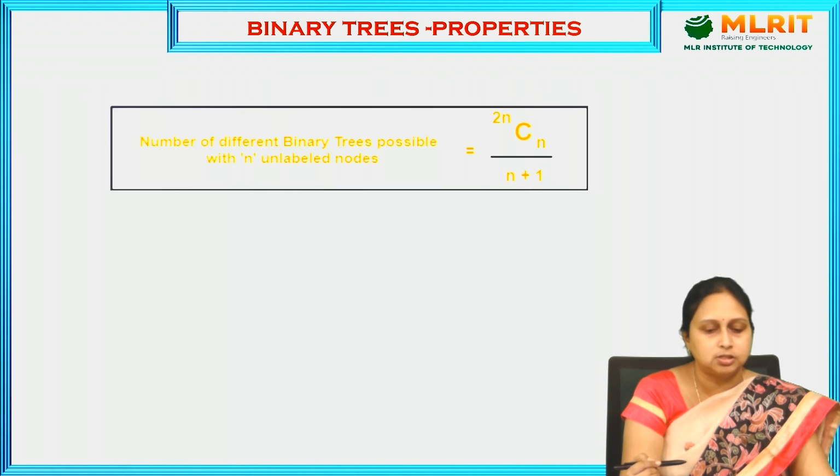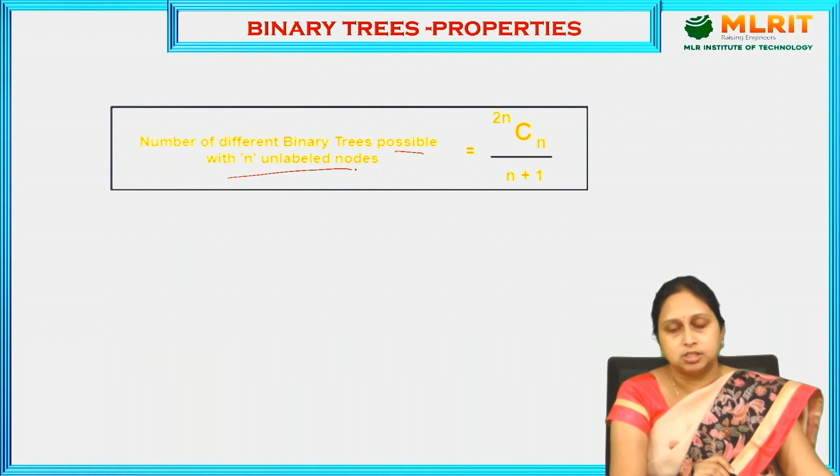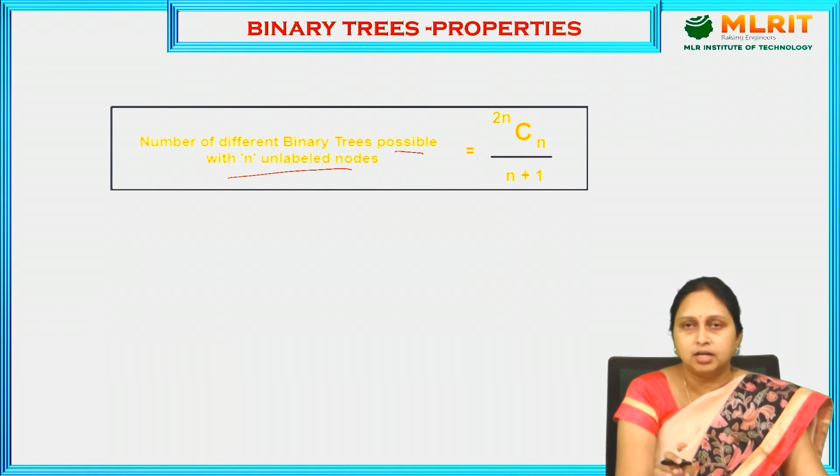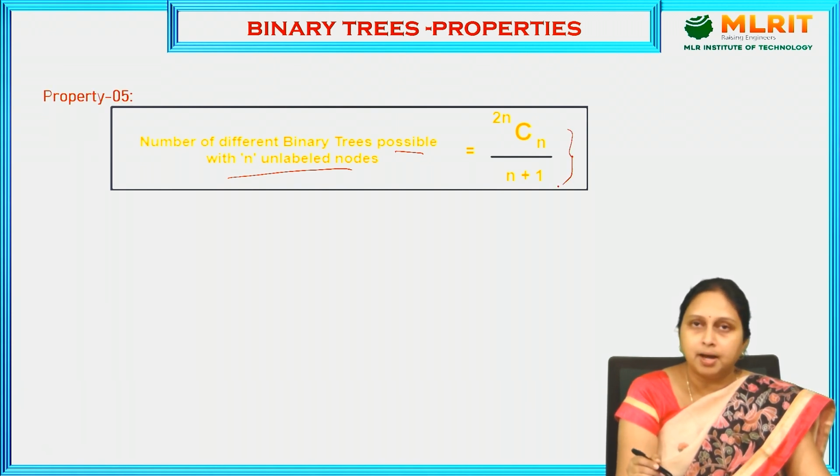This is how you find the maximum number of nodes that can be present level wise. And the last one: the number of different binary trees possible with n unlabeled nodes. If I have not given any labels to my nodes like A, B, C, then how many trees can we draw based on this formula? 2n Cn by n plus 1.